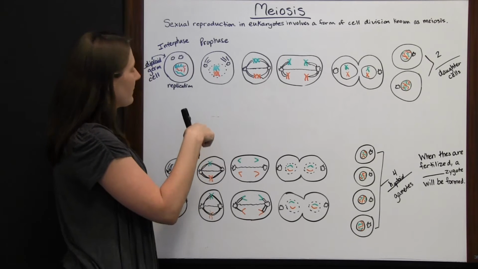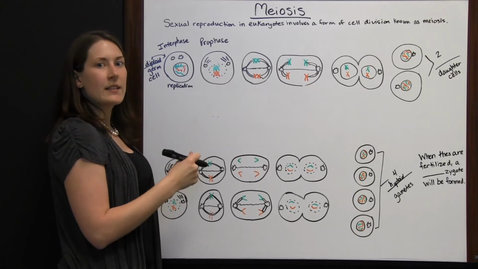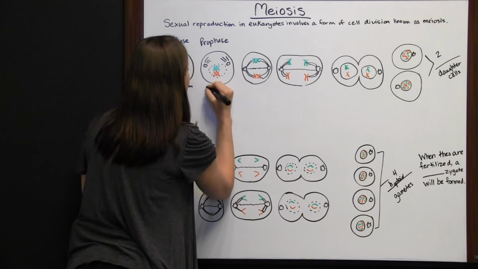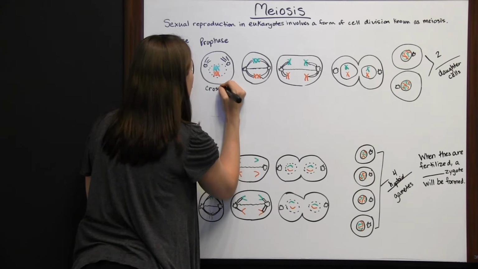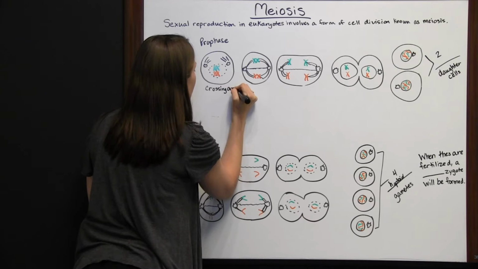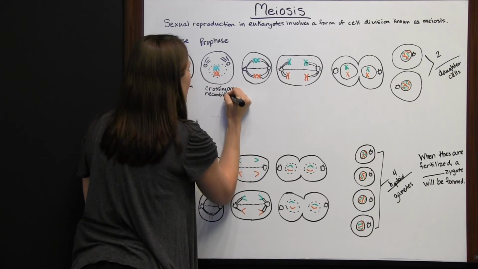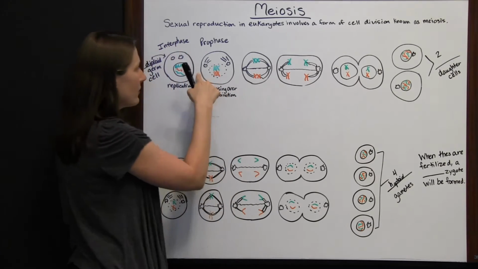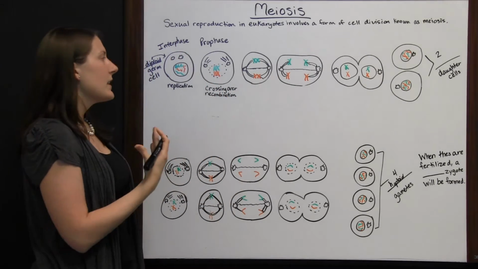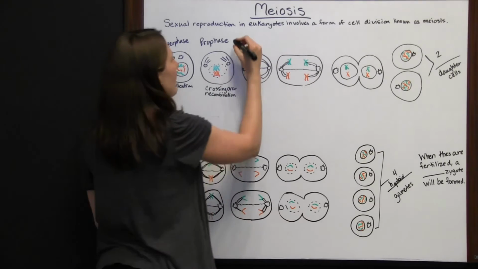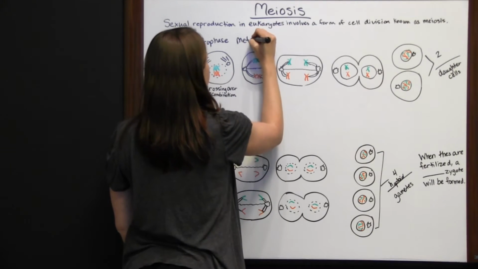So each one of these pairs is going to take a little bit of the other pair, and that is called crossing over or recombination. So you're just kind of jumbling up the maternal and paternal bits before the division starts to take place.